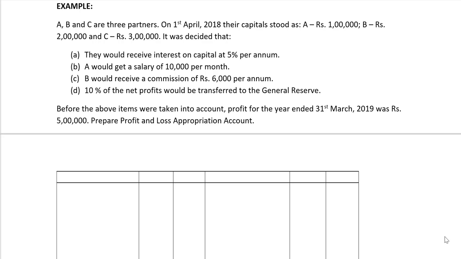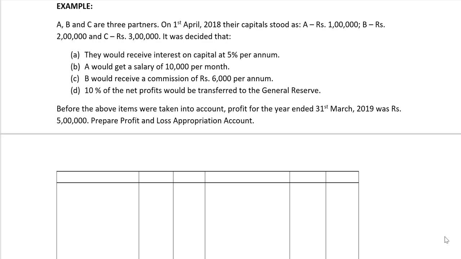B would receive a commission of rupees 6,000 per annum, and 10% of the net profits should be transferred to the general reserve. Before the above items were taken into account, the profit for the year ended 31st March 2019 was rupees 5 lakh. Prepare profit and loss appropriation account.